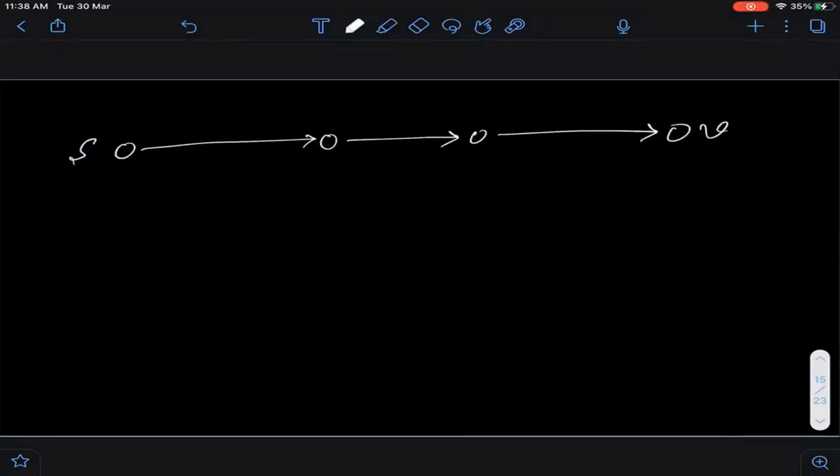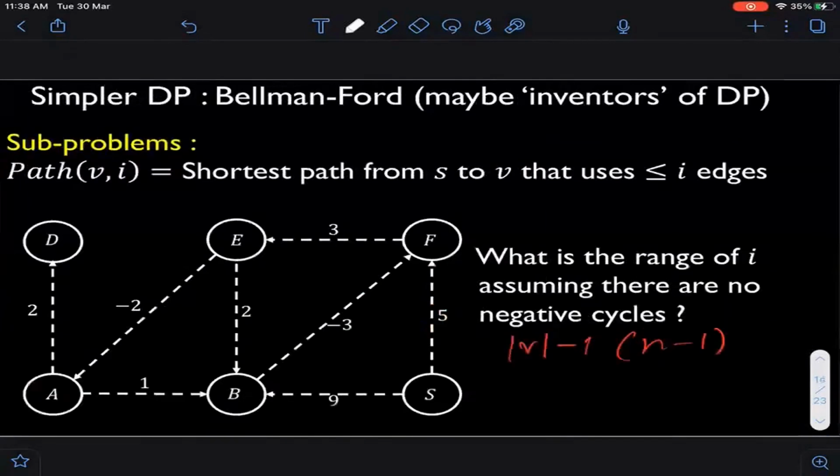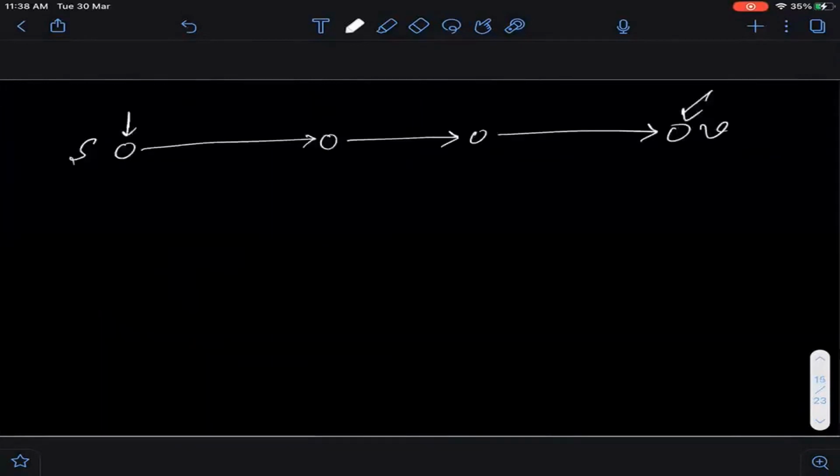We are claiming, for the sake of contradiction, that there is a shortest path from S to V which uses more than n-1 edges, because we are trying to claim that the length of the shortest path cannot be more than n-1. If this happens, then there has to be a cycle on this path, because there are n vertices. If the number of edges is more than n, then clearly there has to be a cycle along this path.